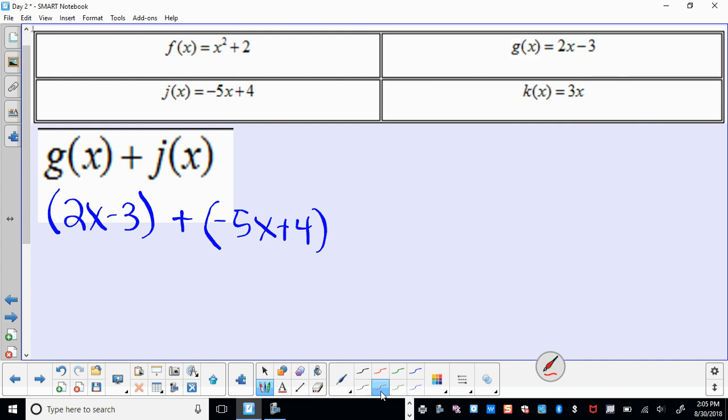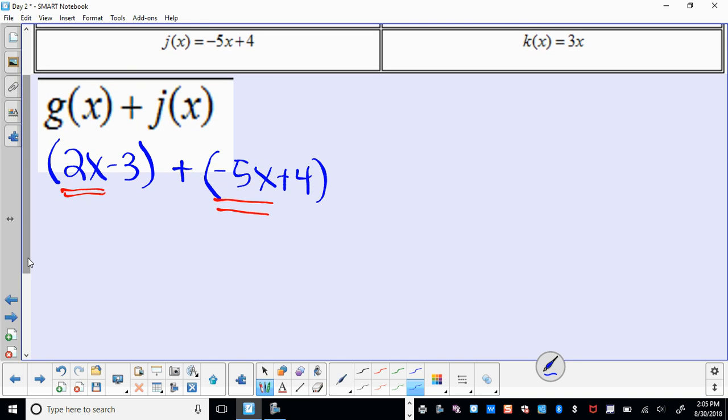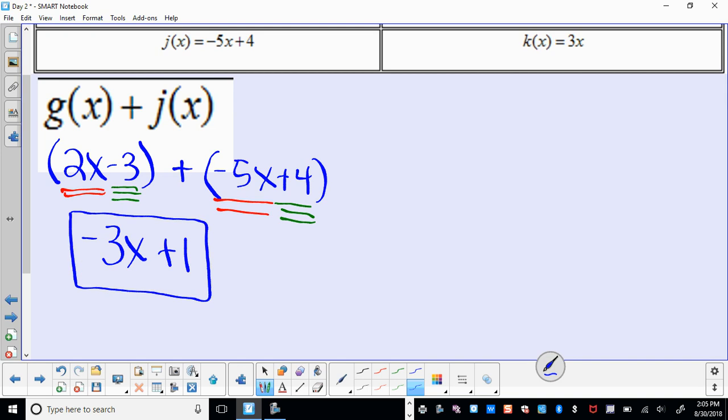So what is 2x plus negative 5x? Negative 3x. And then what is negative 3 plus positive 4? Plus 4. All like terms.